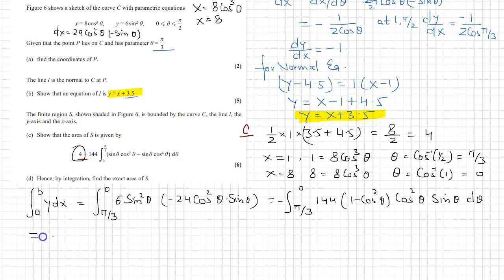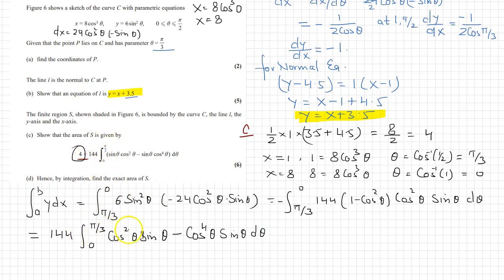So if we remove the negative sign, we can write 0 to pi over 3, and 144 integral 0 to pi over 3 of cos square theta sine theta minus cos 4 theta sine theta d theta. So that is this area.